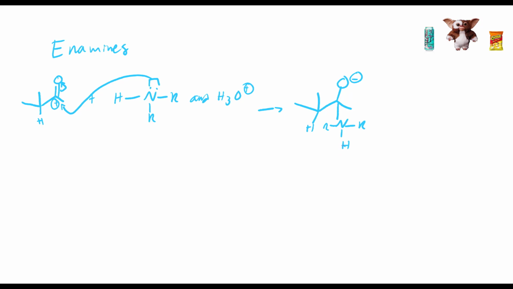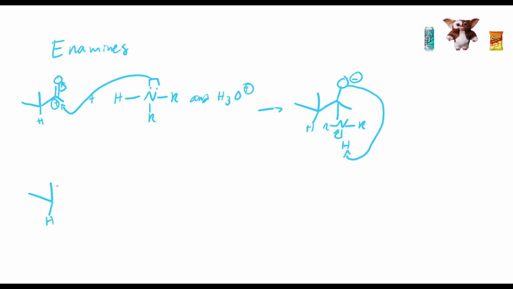Now this hydrogen can leave the nitrogen, so we're going to do an intramolecular proton transfer. This nitrogen can grab the electrons, and this oxygen can attack the hydrogen. We will now have this.